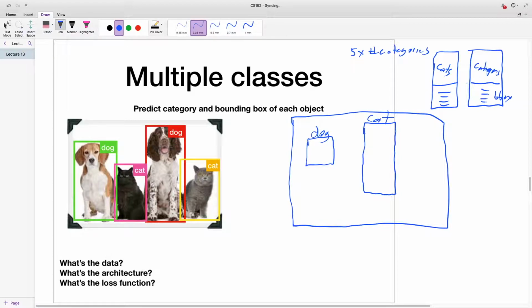Do you agree? In order to get the data out, we need 2 bounding boxes, and we need 2 sets of categories, and we need them to be matched up with one another, right? We need to know which category goes with which box, so we just put them like this. Could we set up an output layer for this? No problem, right? Just some extra. We're duplicating the output.